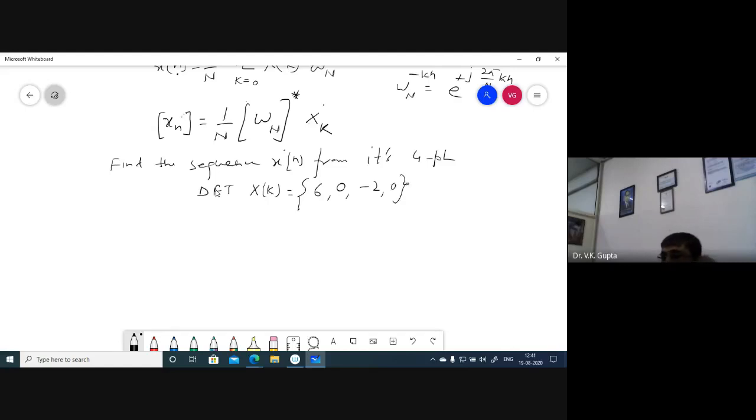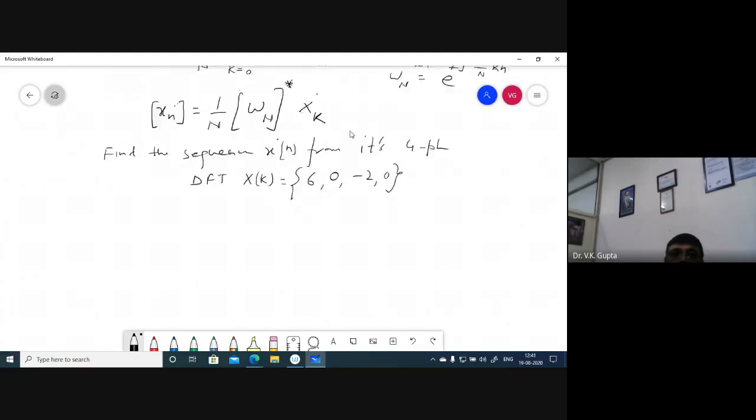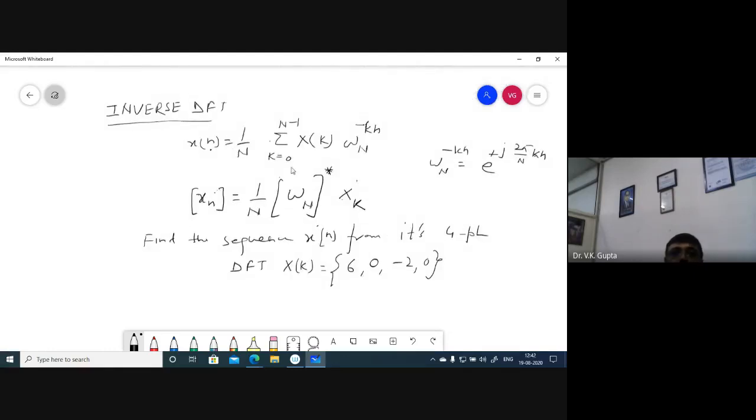We have frequency samples 6, 0, -2, 0, and we have to calculate the sequence x[n]. So from frequency samples, the sequence x[n] is to be calculated. For that we have to apply this inverse DFT.